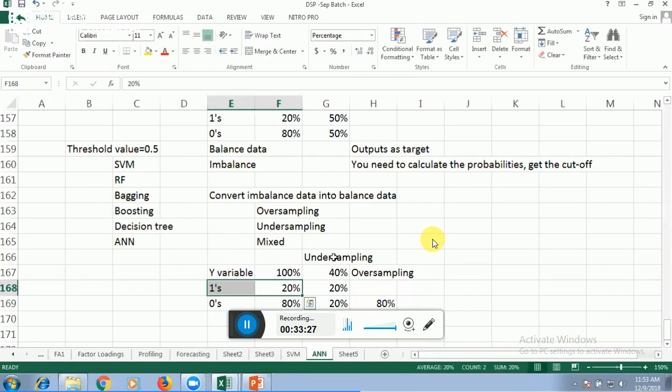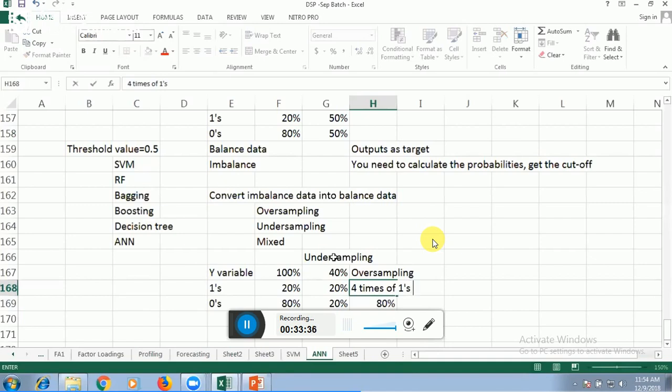This 20% you repeat 4 times, so you create duplicates of the ones. In this case, now 160% of data you will have. I understand. This is what we call oversampling.